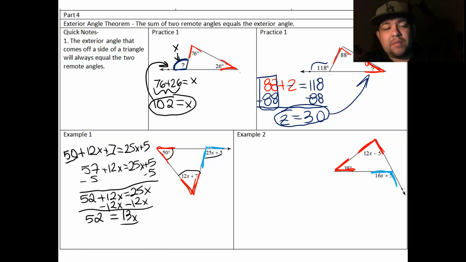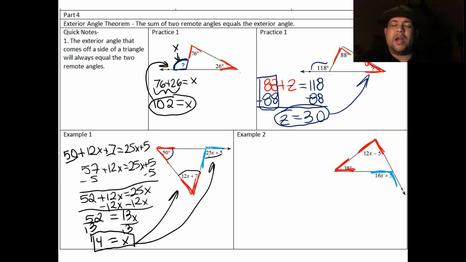We divide both sides by 13. X will be equal to 4. Yeah, 4 is definitely our answer for this. So I can find out what that angle value was if I wanted to plug it back into this angle or that angle. It might ask you to, hint, hint. So definitely be able to do those.